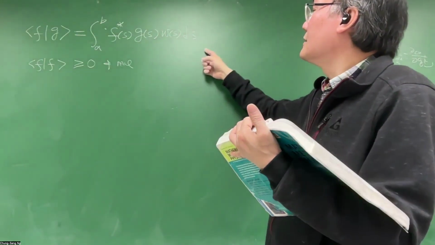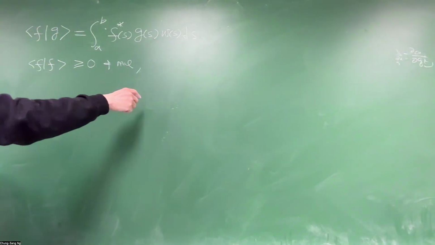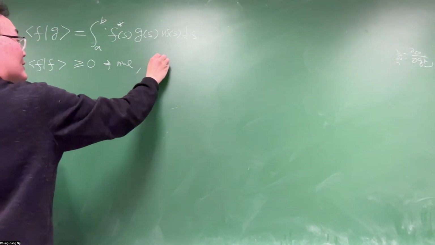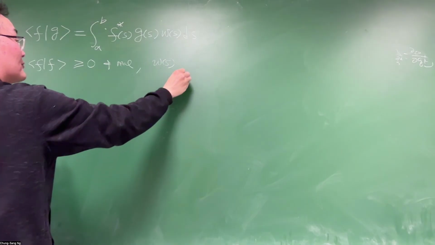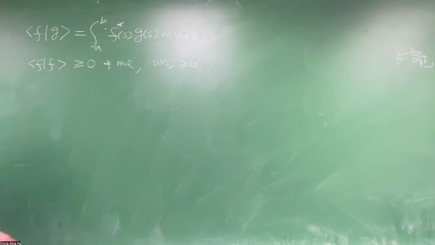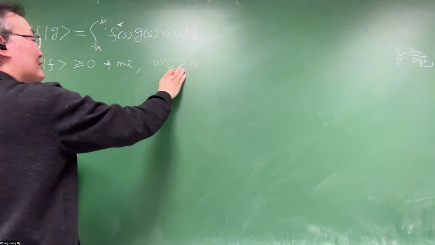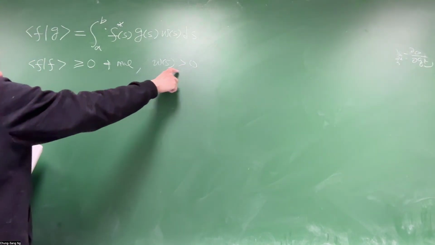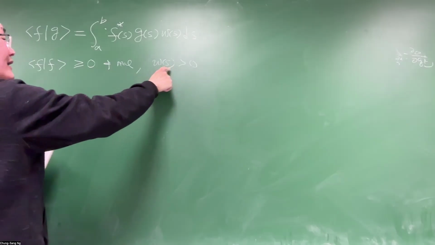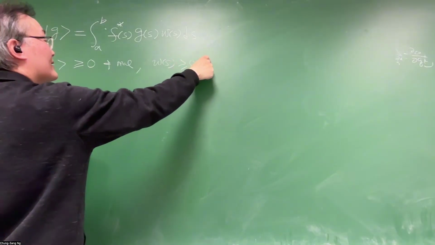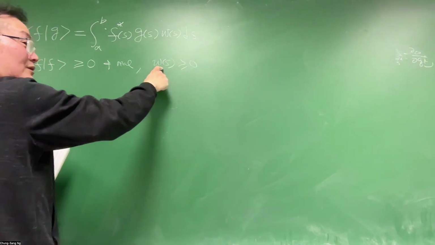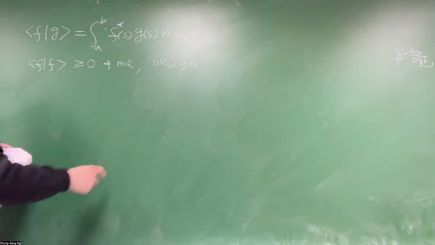Because of that, there's a restriction on the weight w(s): it must be real and greater than or equal to 0. It can be 0 at isolated points, that's fine, but not identically 0.